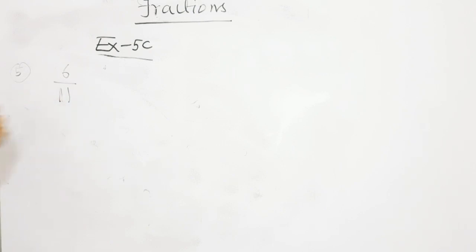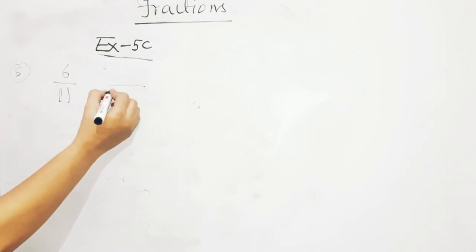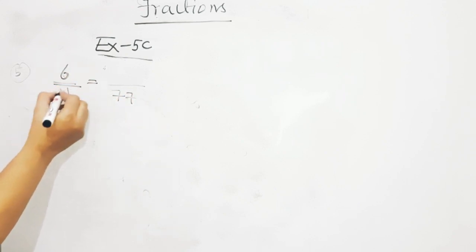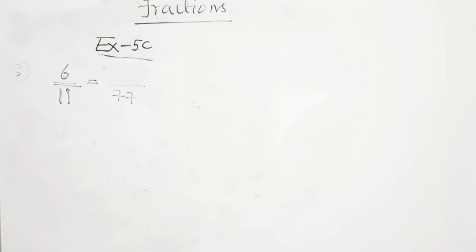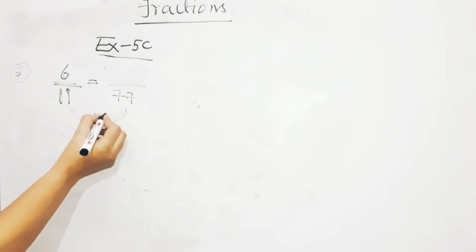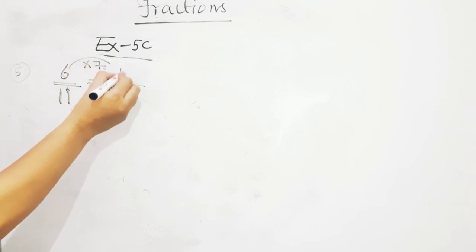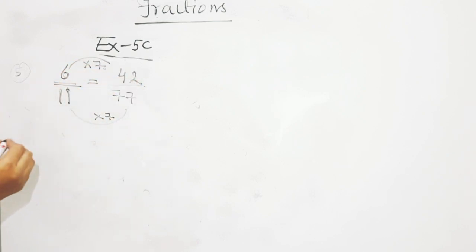अब आपका इसमें जो पहला ऑप्शन है वो दिया है with denominator 77. Correct? With denominator 77. अब आपके 11 के टेबल में 77 कब आता है? 11 7s are 77. Same goes with the numerator. 6 7s are 42. Correct? Now coming to the second option.